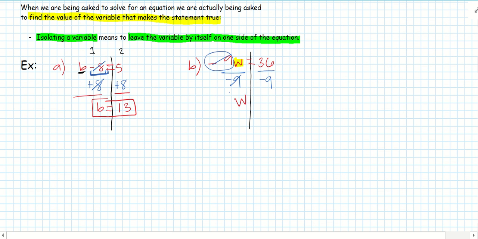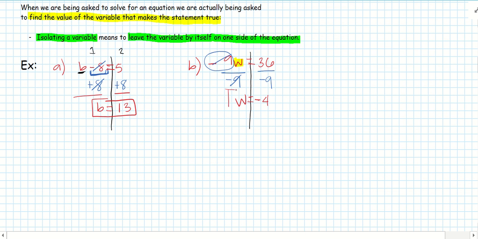But remember, 1 becomes invisible. So if I have 1 in front of W, it becomes invisible. So I can just say, okay, I'm going to be canceling negative 9 and negative 9. So the 1 becomes invisible. Okay. And then 36 divided by negative 9 will be negative 4. Why is it negative? Because I have a positive divided by a negative, which is a negative, right?